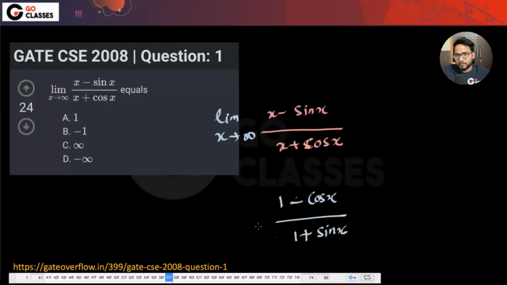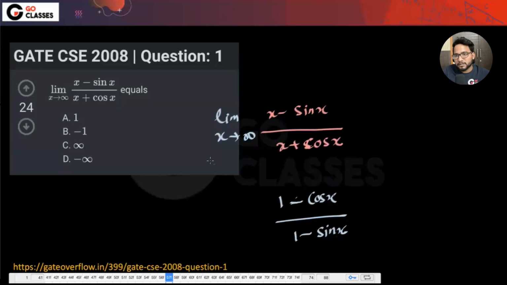Okay, sorry. One second. Yeah, so that is correct, right? Sin x differentiation is cos x, and cos x differentiation is minus sin x.